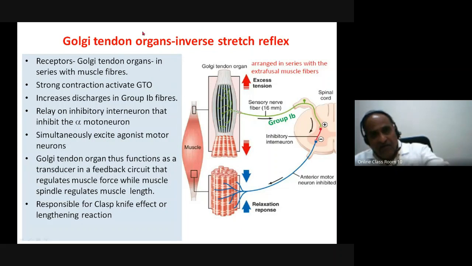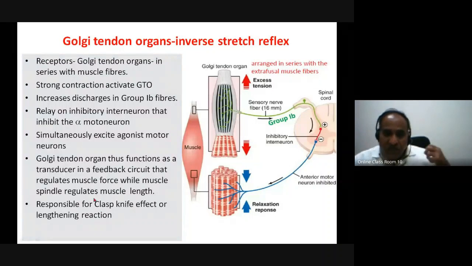I have mentioned these Golgi tendon organs, which are in series with the muscle. They require a strong contraction to excite them, and they will increase discharge in the group 1B fibers. And they have an inhibitory interneuron here, which inhibits the alpha motor neuron, and that would be responsible.